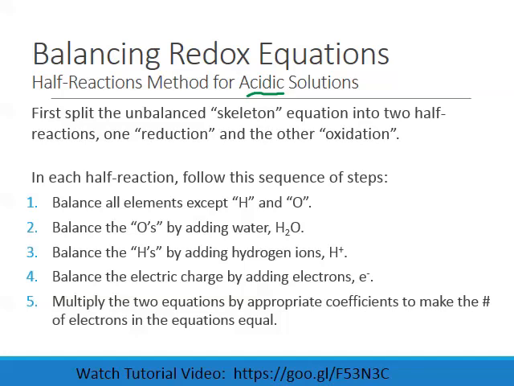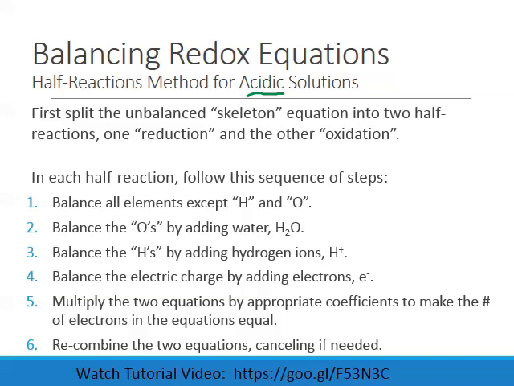So if necessary, multiply the two equations by some appropriate coefficients to make the numbers of electrons in each half reaction equal. The reason for that is that in the last step, we're going to recombine the equations. As we recombine the half reactions, the electrons have to cancel. The electrons will be on the left side of the equation if it is a reduction reaction.